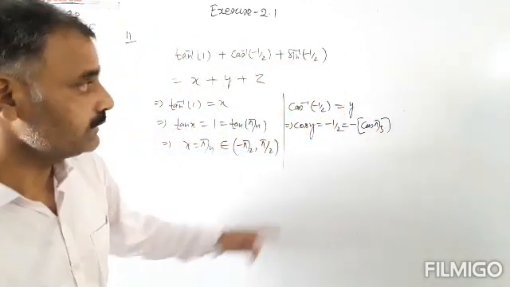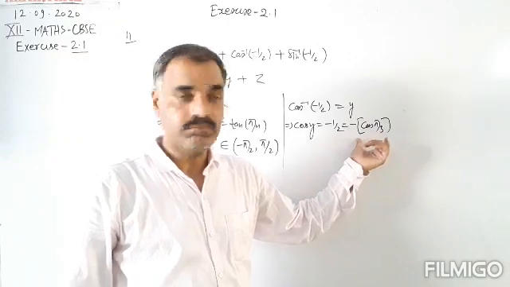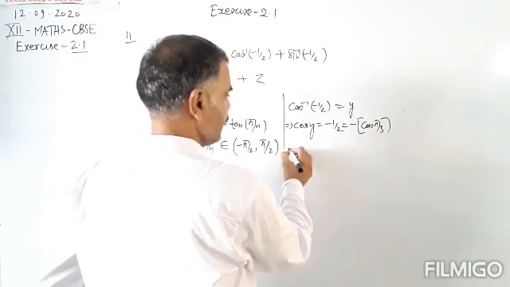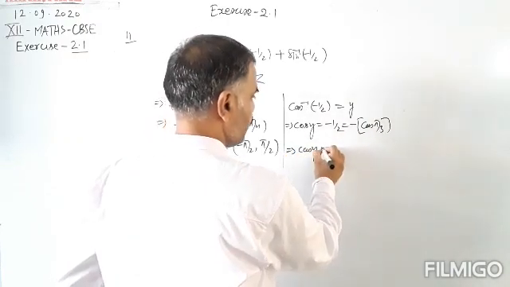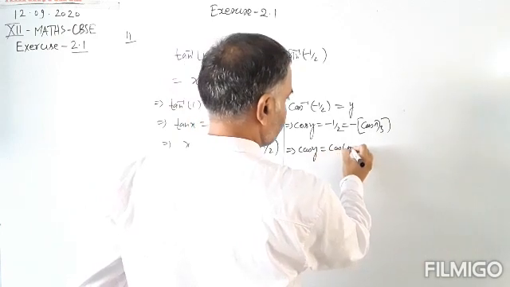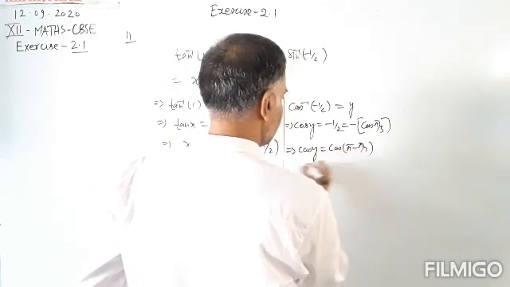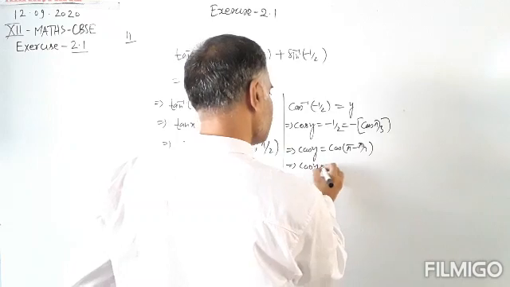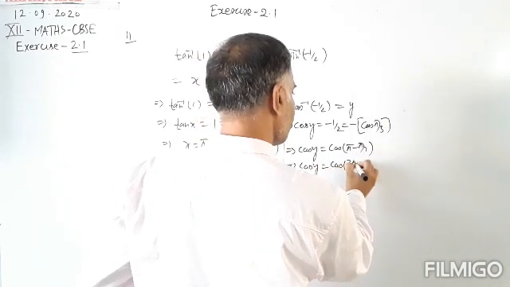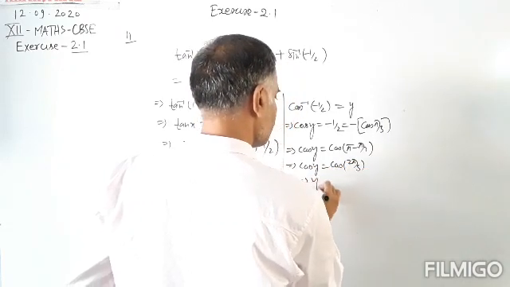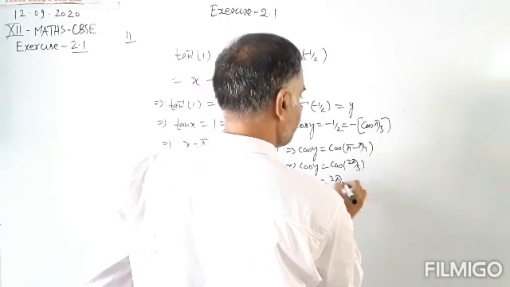But this is negative, so this will lie in the second quadrant. Cos y is equal to cos of pi minus pi by 3, so cos 2 pi by 3, means y is equal to 2 pi by 3.